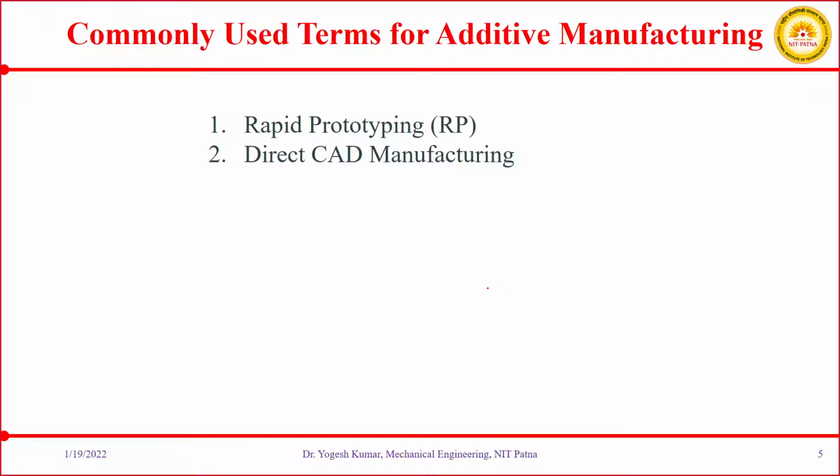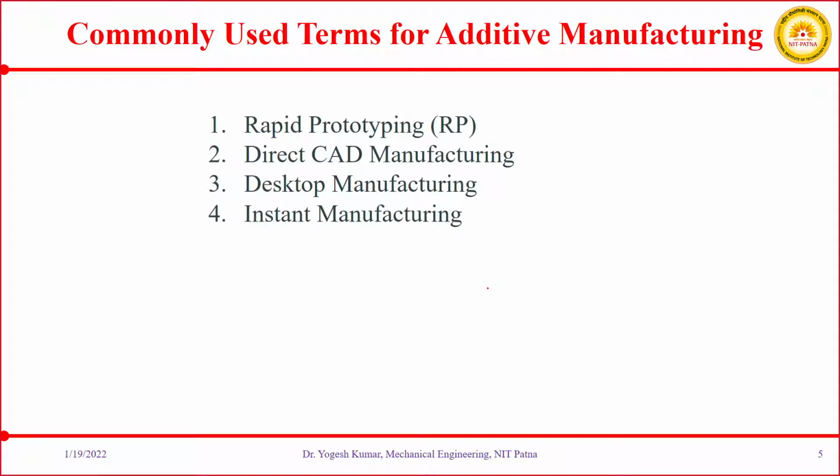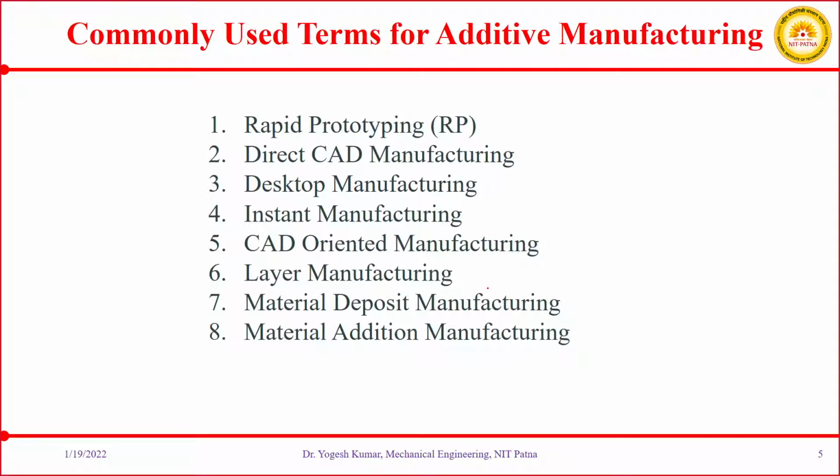The one thing that I forgot to tell you is that there are numerous terms used for additive manufacturing. The first term is rapid prototyping, direct CAD manufacturing, desktop manufacturing, instant manufacturing, CAD oriented manufacturing, layer manufacturing, material deposition manufacturing, material addition manufacturing, solid freeforming, and there are other terms also.